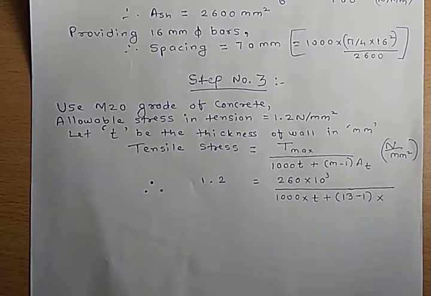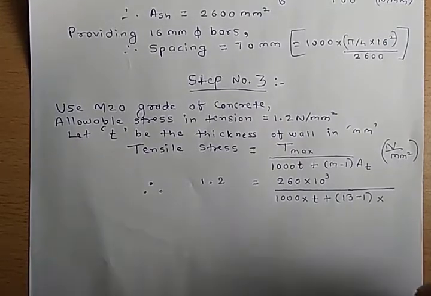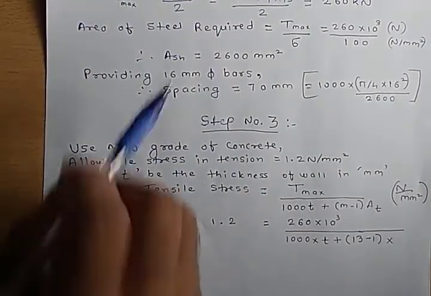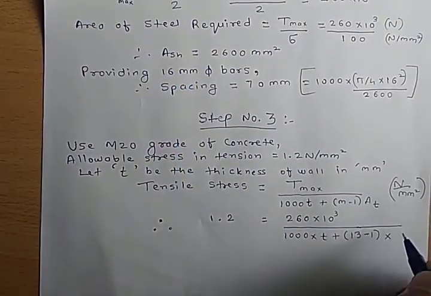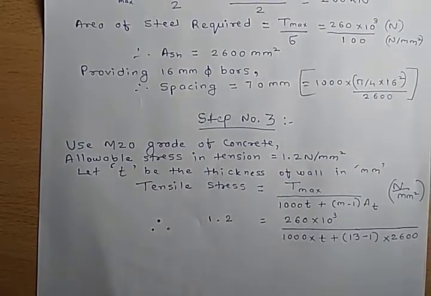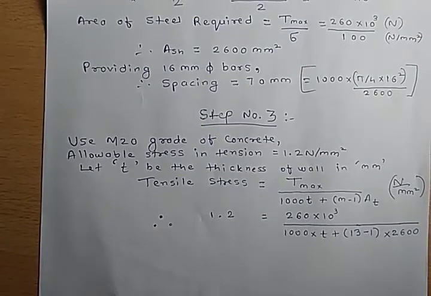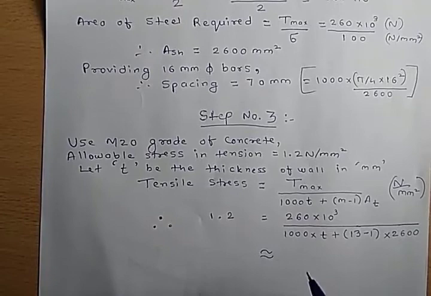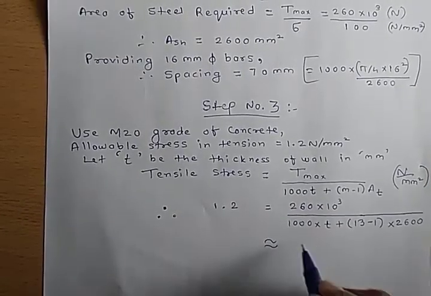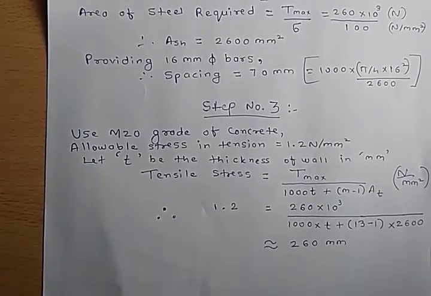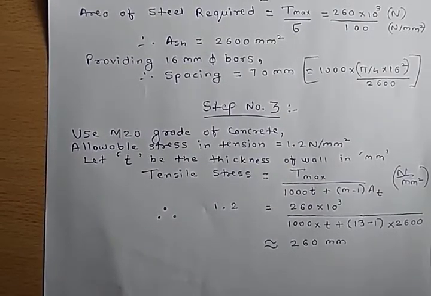If we consider the area of the steel required, which we have already got here, this is 2600. If we calculate now, we can provide the thickness of around 260 mm.